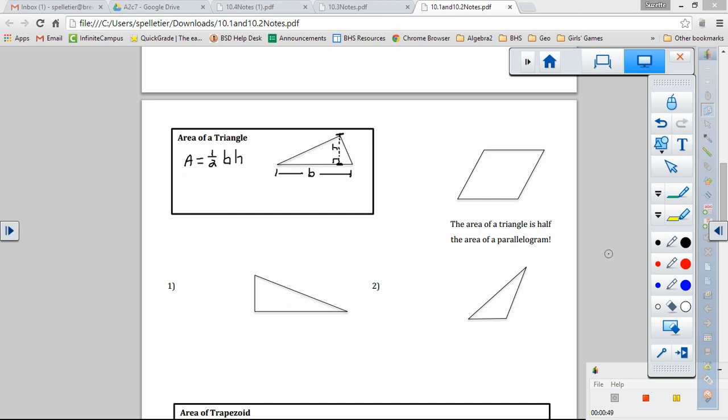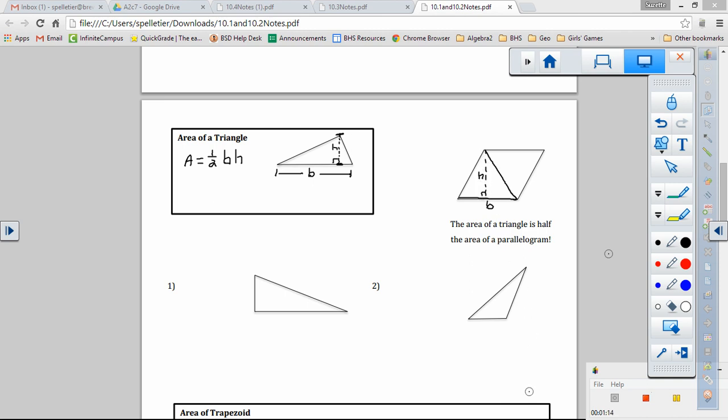So if we look at this example off to the right-hand side, and I draw this line right down diagonal from one corner to the opposite corner, I've created two triangles here, okay? And so the area of this whole parallelogram would be base times height, right?